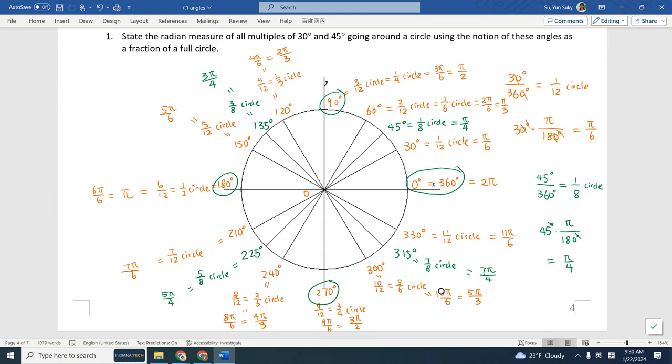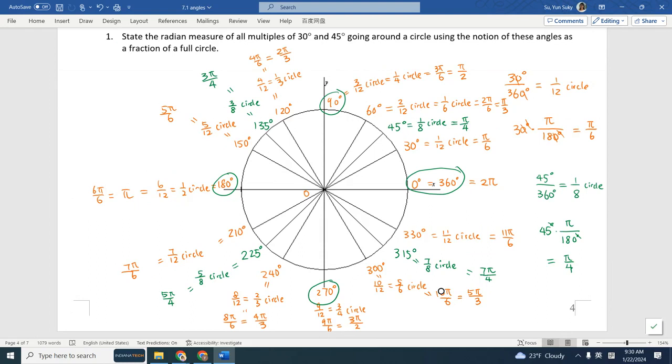Okay, everybody? So all these are common angles. They're special angles. So later on we'll learn a lot of different trig functions, and we'll evaluate the trig functions of different angles. So all of these, they are common angles.